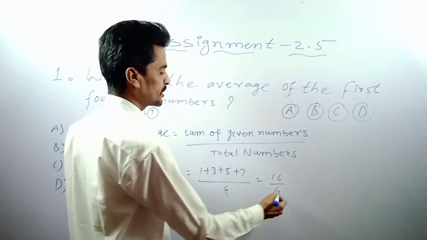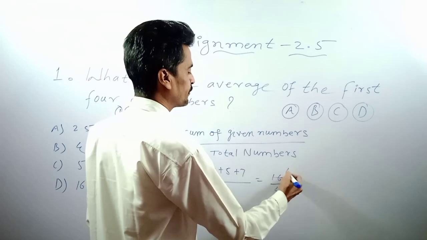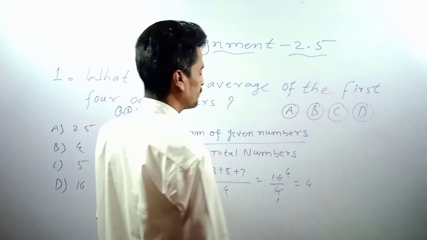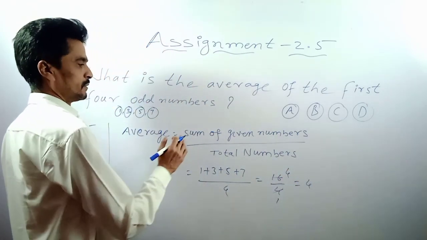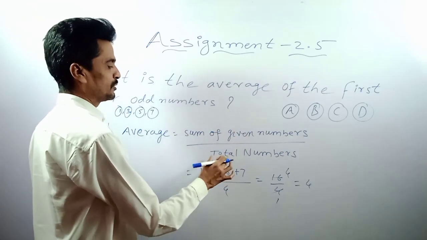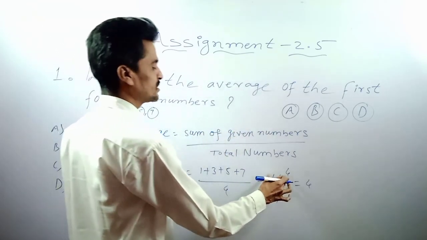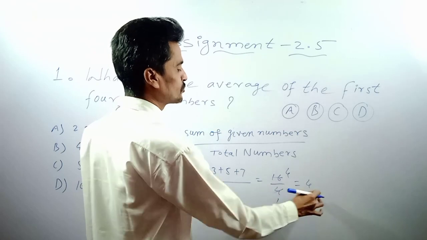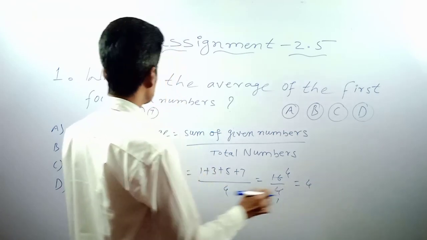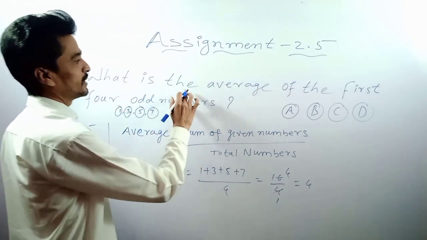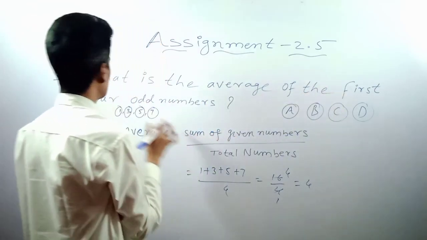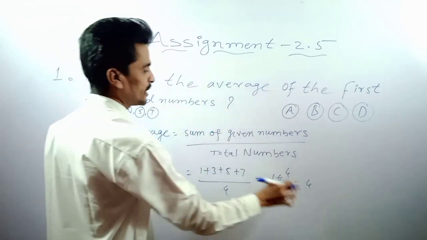Now here it is division. 4 1s are 4, 4 4s are 16. Sum of given numbers and total numbers. And sum is 16 divided by 4. So average here is 4. So the average of the first 4 odd numbers is 4.